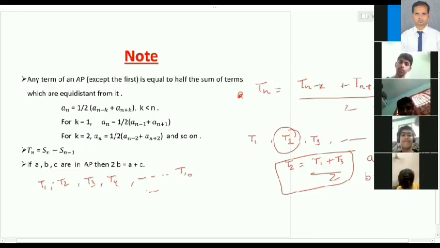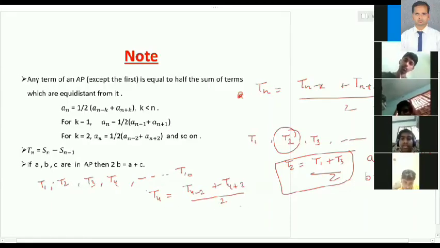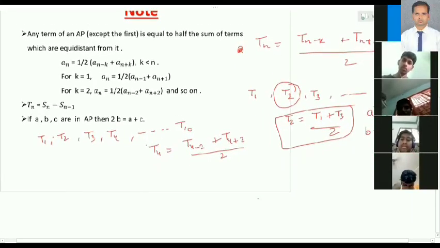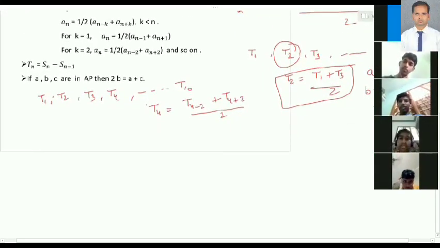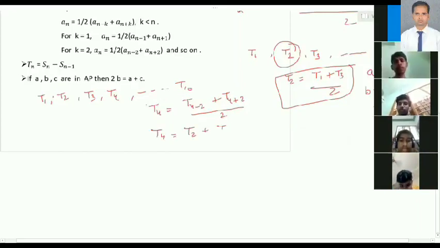This T4 will be equal to T of 4 minus 2 plus T of 4 plus 2, divided by 2. It means this T4 value will be equal to T2 plus T6 divided by 2.